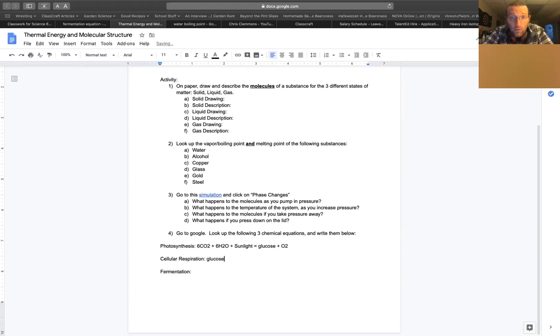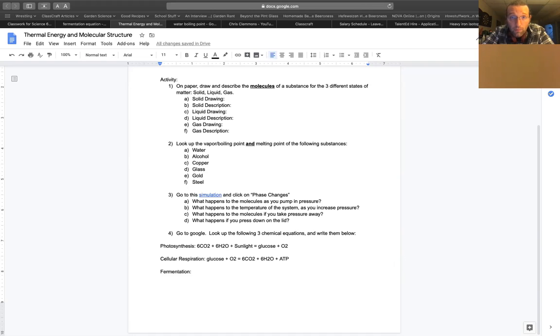Well, that's glucose plus oxygen, and that gets turned into CO2. Same numbers, by the way, 6 CO2 plus 6 H2O. Only this time, instead of sunlight, you get ATP, which is the energy that the cells use.